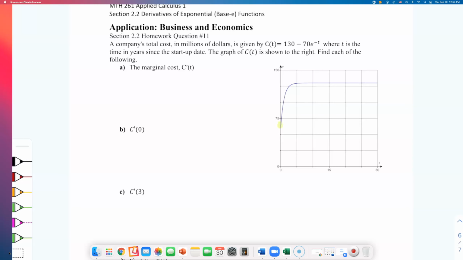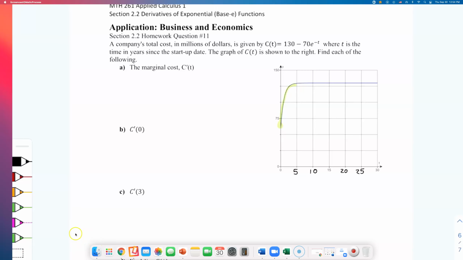And then what happened? In the first 5 years, the cost is going up like crazy. I wonder, maybe because they have to buy a whole bunch of new supplies and new equipment. I'm seeing this is year 0, year 5, 10, 15, 20, 25, and 30.